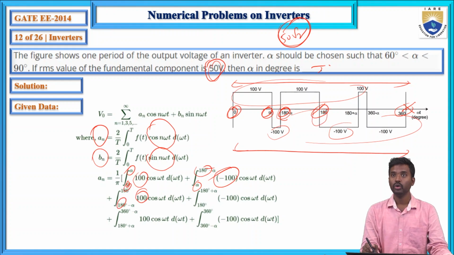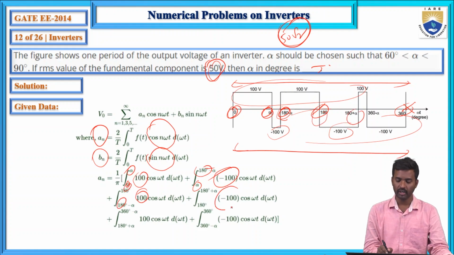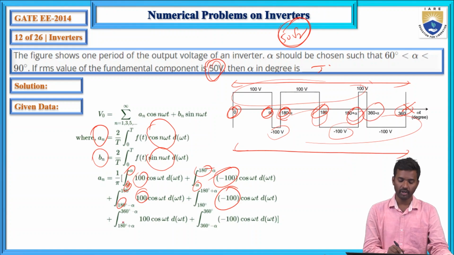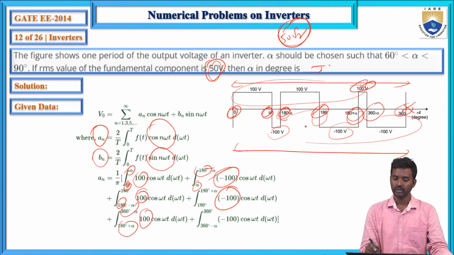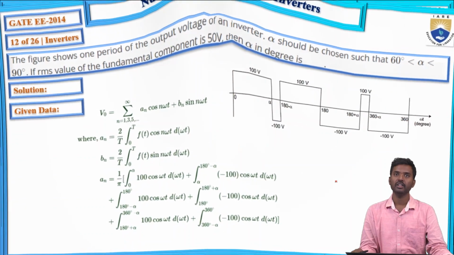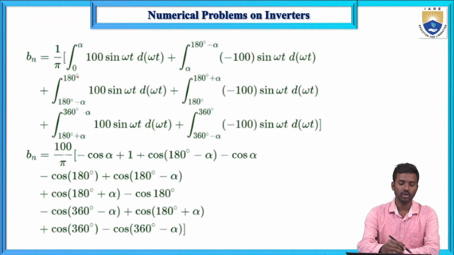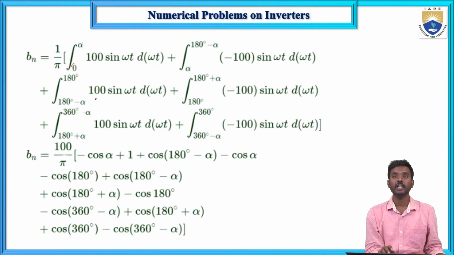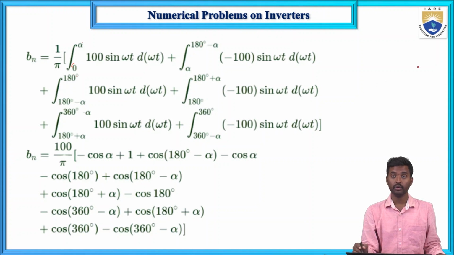From 180 to 180 plus alpha it is minus 100, from 180 plus alpha to 360 minus alpha it is 100, and from 360 minus alpha to 360 it is minus 100. In the same way for bn, the intervals are 0 to alpha, alpha to 180, 180 minus alpha to 180, 180 to 180 plus alpha, 180 plus alpha to 360 minus alpha, and 360 minus alpha to 360, according to the diagram.